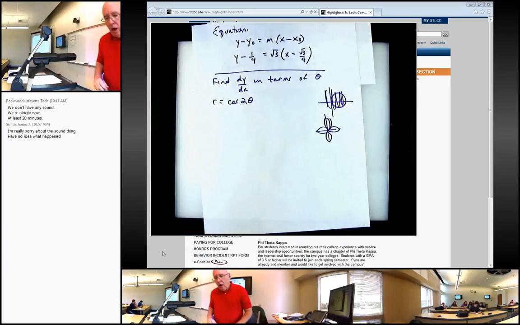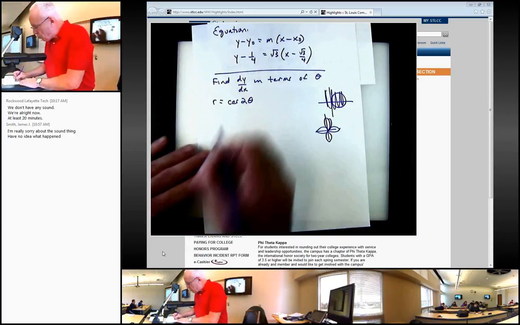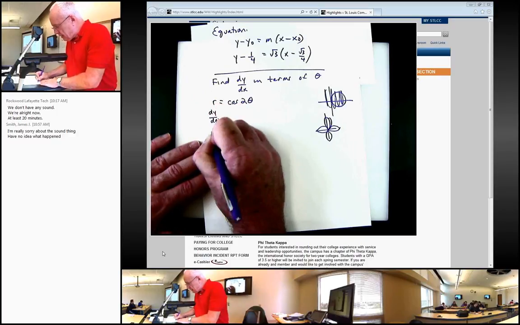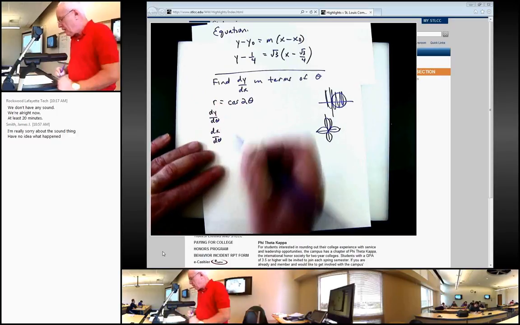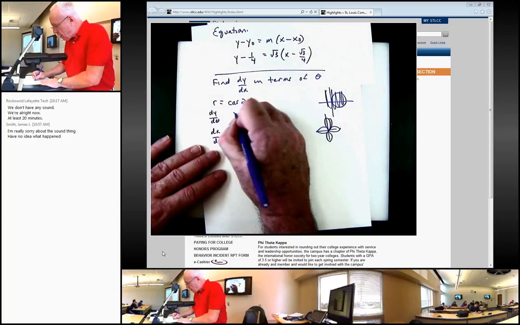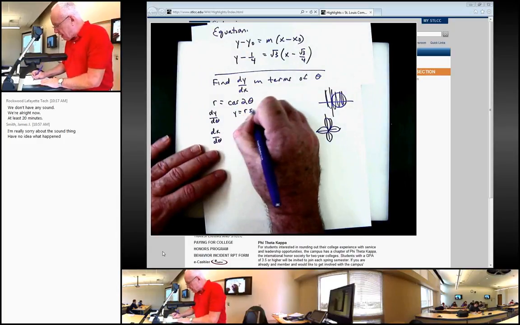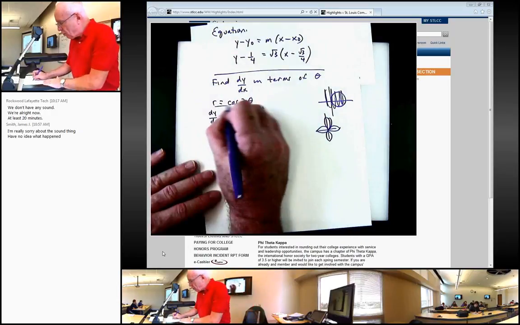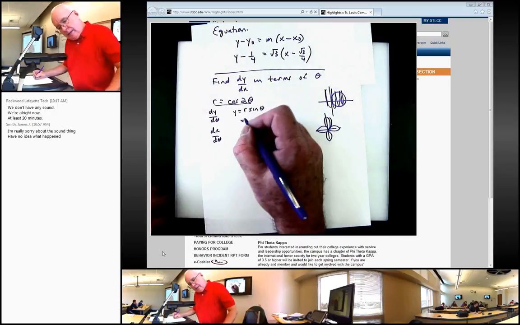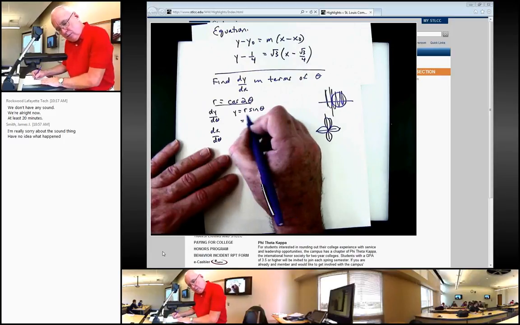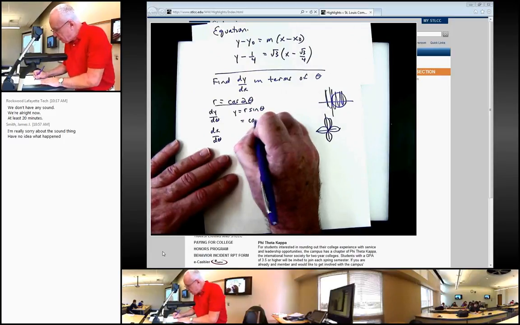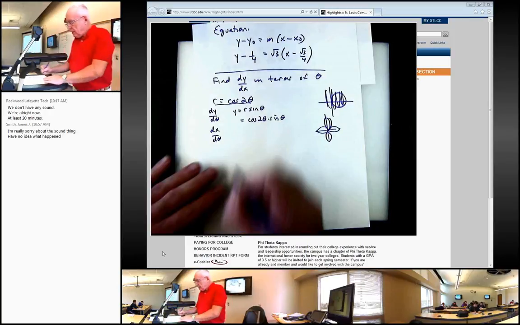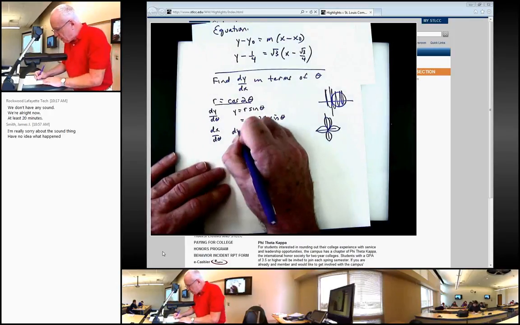First of all, we have to get dy/d theta and dx/d theta. We have y equals r sine of theta, and I'm going to replace the r with our curve, cosine of 2 theta. So y equals cosine of 2 theta times sine of theta. Let's get dy/d theta from this.